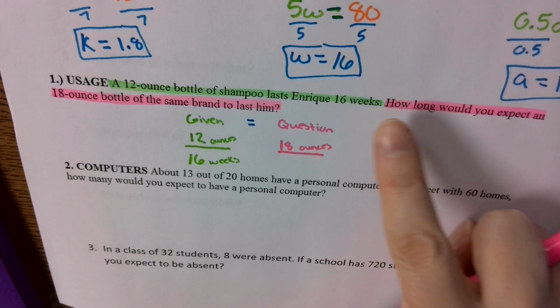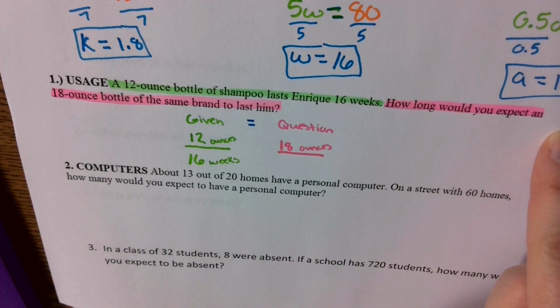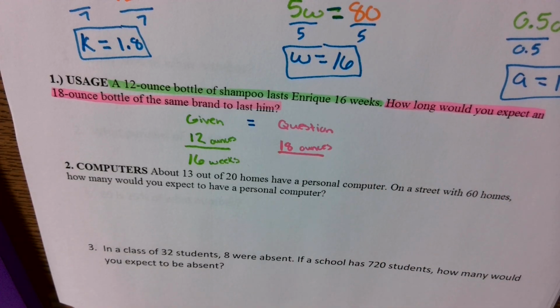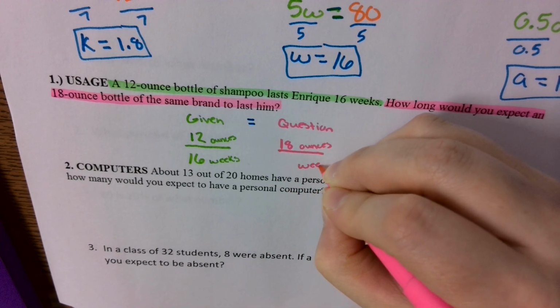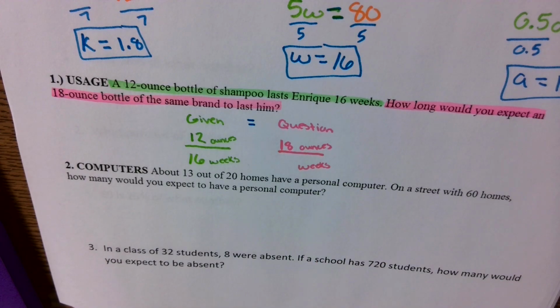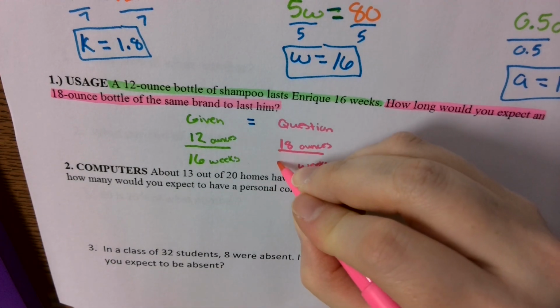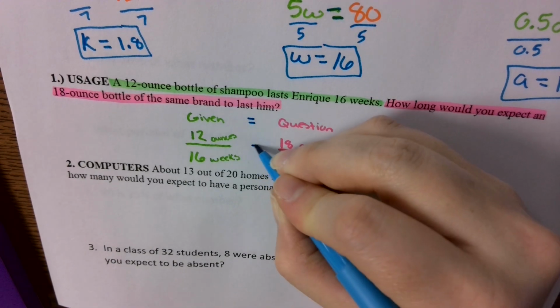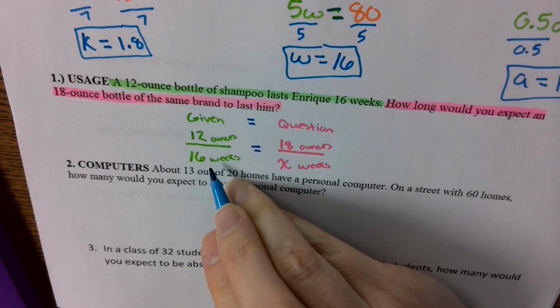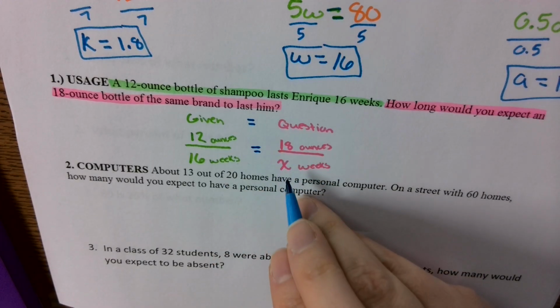Now it's asking, how long am I going to expect it to last? The length that they're talking about is in what measurement? Weeks. So we know weeks is going to go, again, on the bottom, but it's an unknown value, so we're going to put a variable. I'm just going to put x. So here is the proportion that I have set up: 12 over 16 is equal to 18 over x.